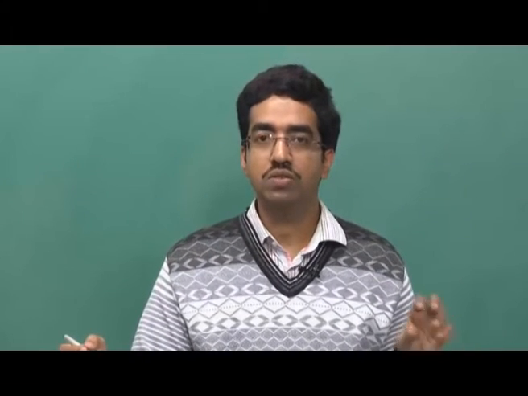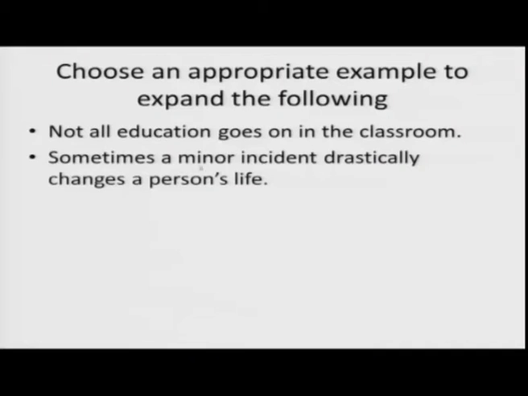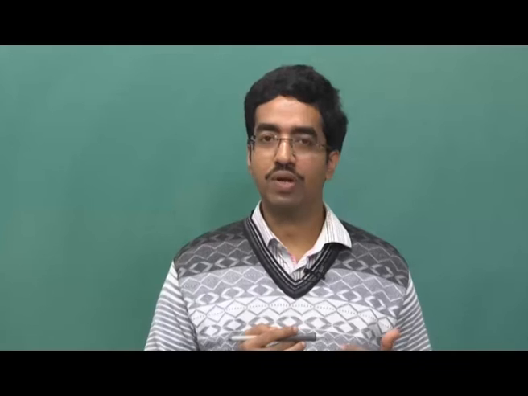So, you need to choose an example which appropriately helps your readers understand what a minor incident is and how drastically it has changed your life. So, this again could be from your life or from others' lives as well.